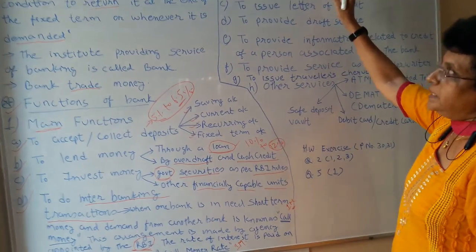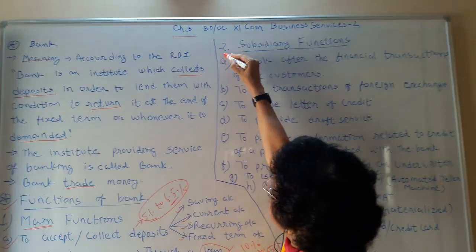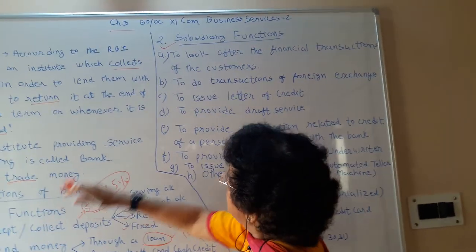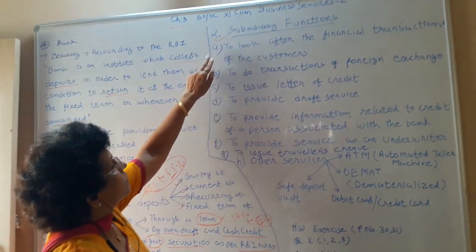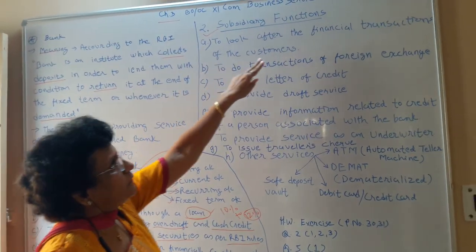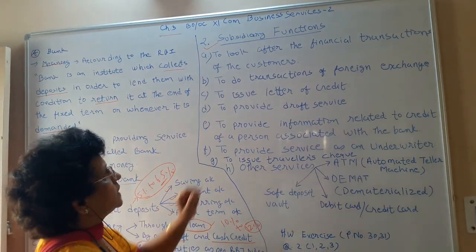Now, the subsidiary bank functions. Over and above these basic functions, the subsidiary functions are also done by the bank. The very first is to look after the financial transactions of customers.